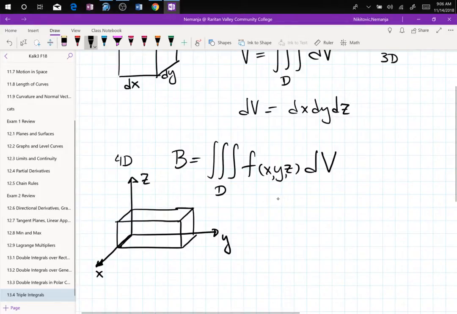So let's say this goes in x 2 units, it goes in y, let's say 8 units, and it goes up in z 3 units, whatever. We know that the volume of that would be 2 times 8 times 3 for the total of 48 units cubed.